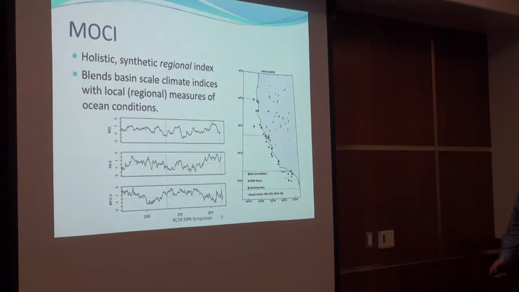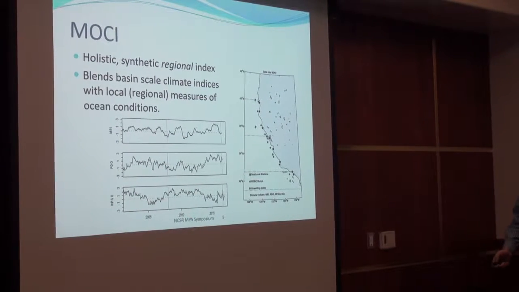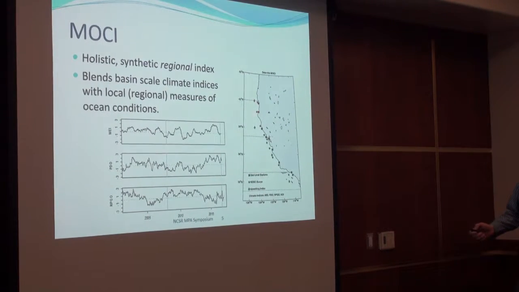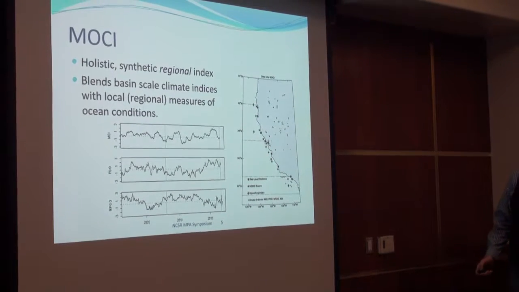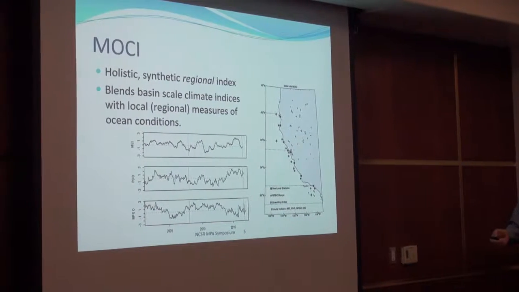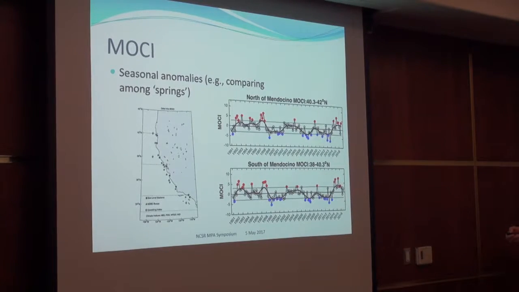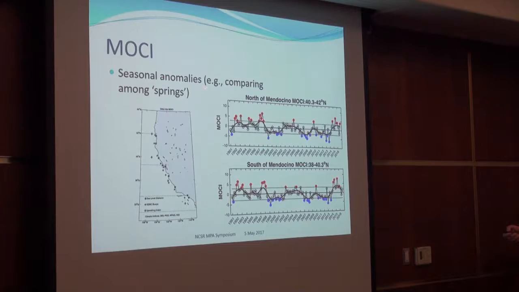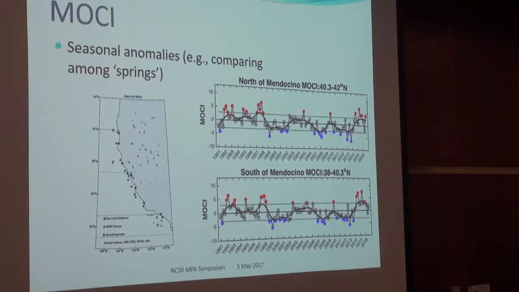What it does is it takes indices like the El Nino Index, PDO and NPGO, and blends them with measurements of sea level anomaly, wind forcing, sea surface temperature, and things like that, in particular regions, through a PCA process and statistical combination, to characterize seasonal anomalies. In other words, comparing among springs. Is a particular spring warmer, cooler, less productive, more productive than other springs in the time series?